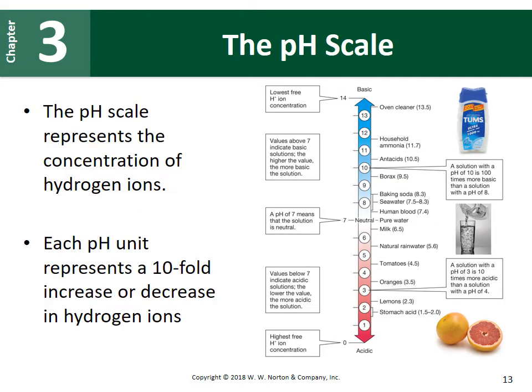This pH scale represents the concentration of hydrogen ions, or the free concentration of hydrogen ions. And each pH unit represents a tenfold increase or decrease in hydrogen ions. So this is called a log scale.